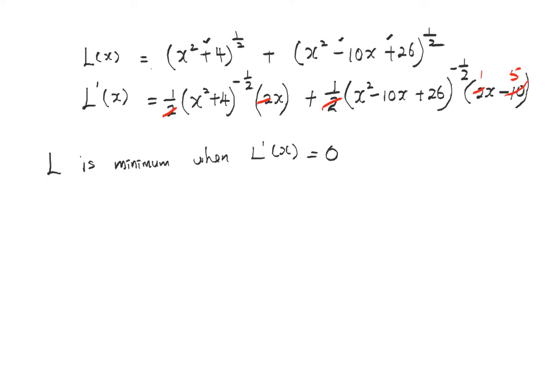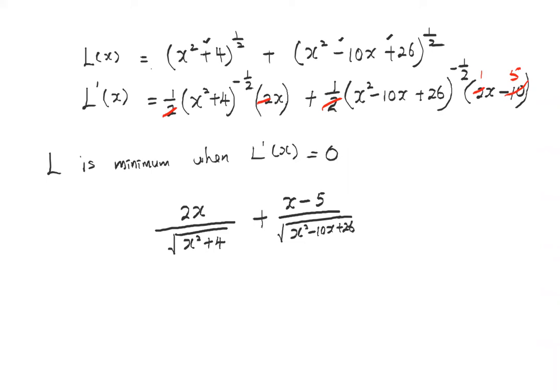So I will write this. This is my L prime x. I will write 2x divided by, because power negative, square root of x squared plus 4, plus x minus 5 divided by square root of x squared minus 10x plus 26.